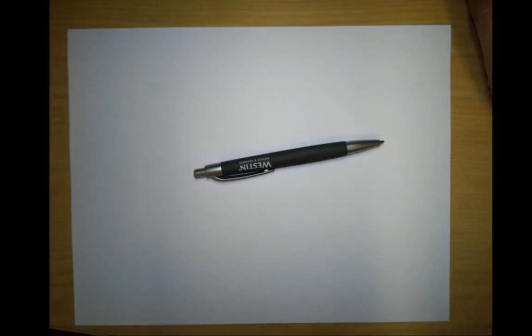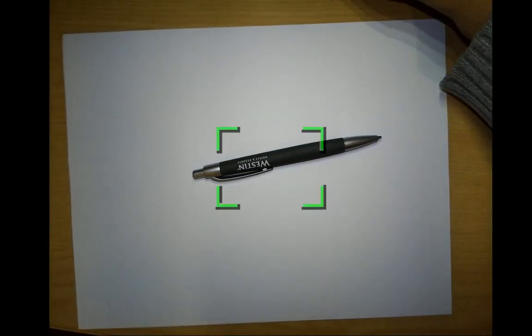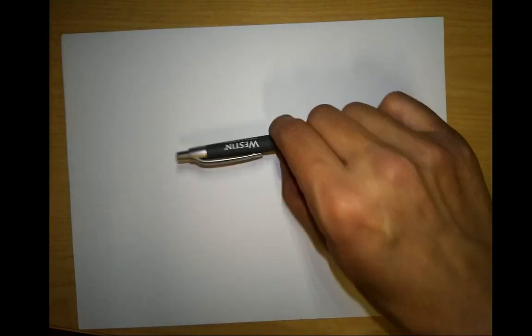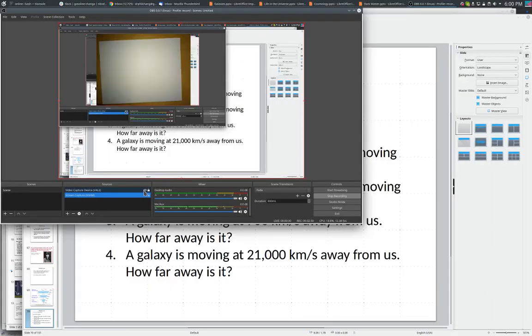I'll turn the screen capture off for now. Okay, beautiful. Let me make sure the focus is perfect here. Okay, there's my focus. I have to lock my autofocus now. Okay, now it's locked. Okay, so let's talk about Hubble's law. I'll turn my screen capture back on now.